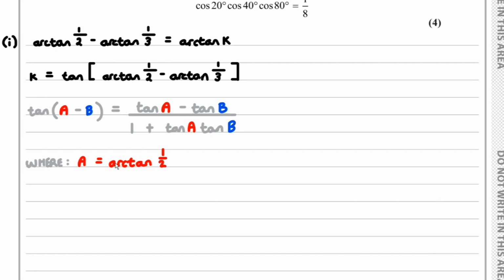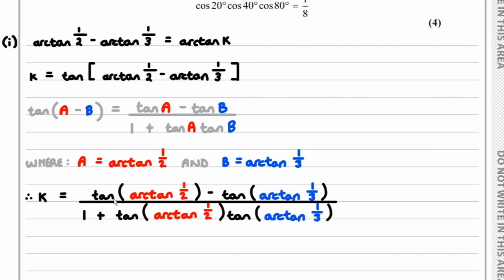And here, a is equal to the arctan of a half, and b is equal to the arctan of 1/3. And so, k will equal the tan of the arctan of a half subtract the tan of the arctan of 1/3 over 1 plus the tan of the arctan of a half times by the tan of the arctan of 1/3.